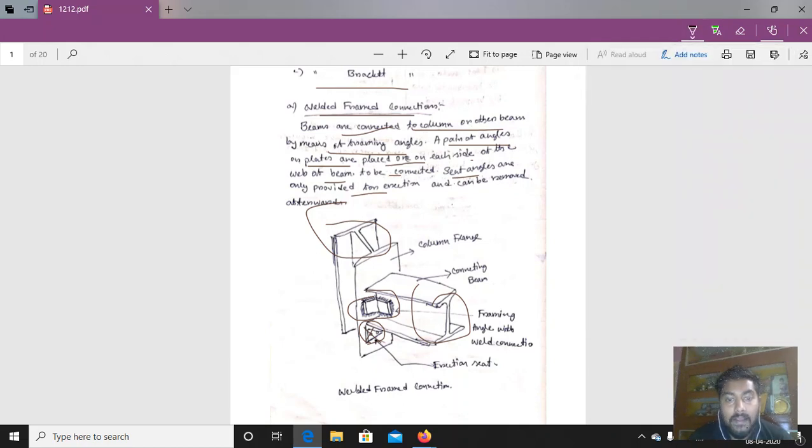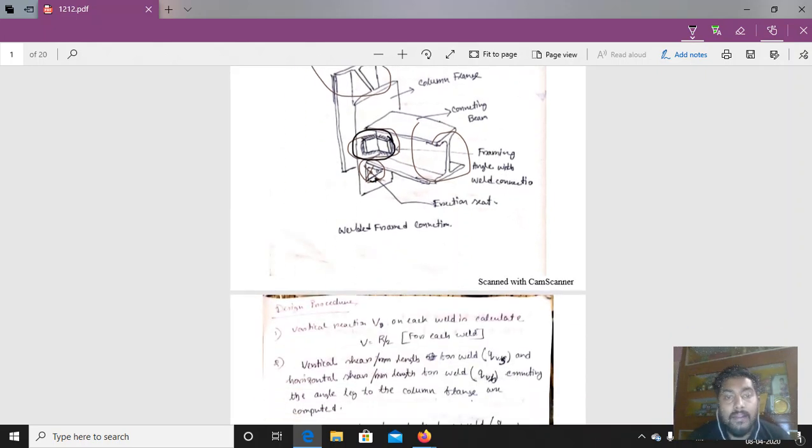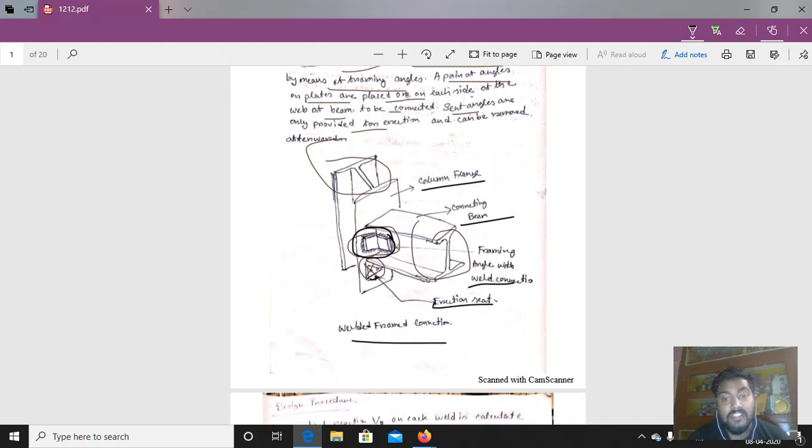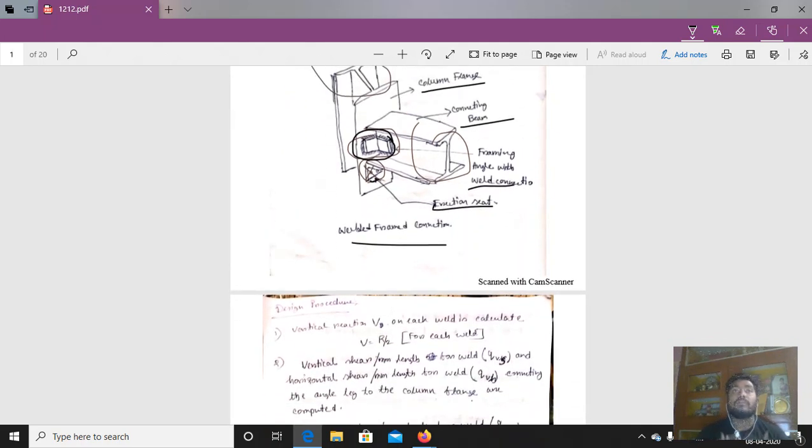So we only need to design this welded connection. We have to determine the size of the weld for that connection. So this is the welded frame connection. All the things are given here: column flange, the connecting beam, framing angle with welded connection that we have to design, and the erection seat that may be removed after the process is done.